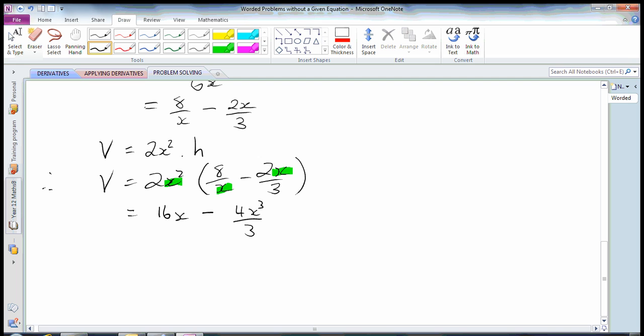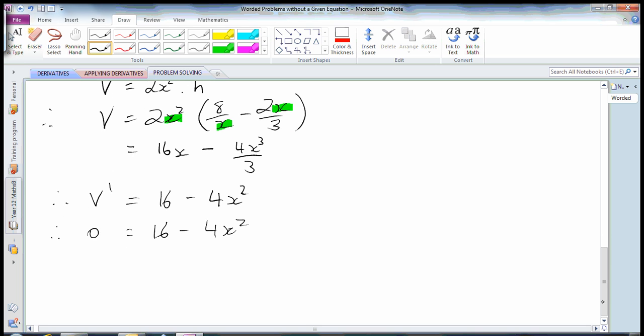So we calculate our derivative, and we let that derivative equal 0. And we solve that expression.